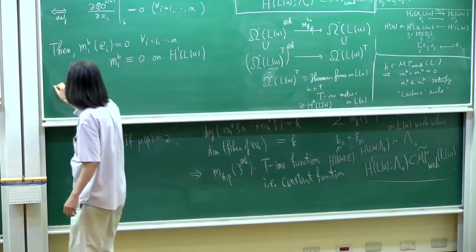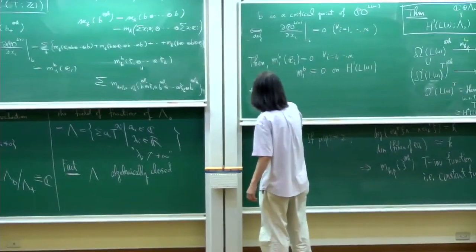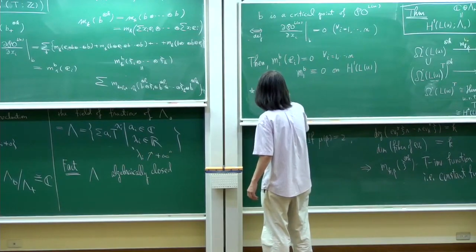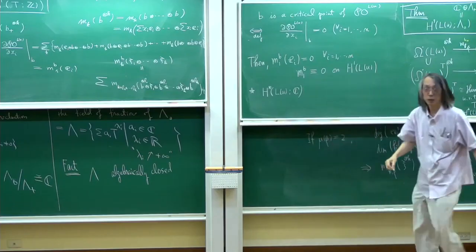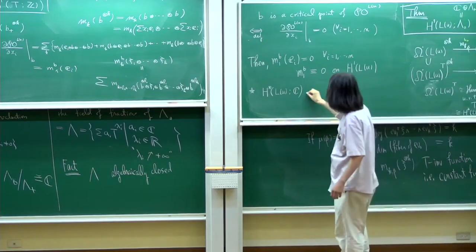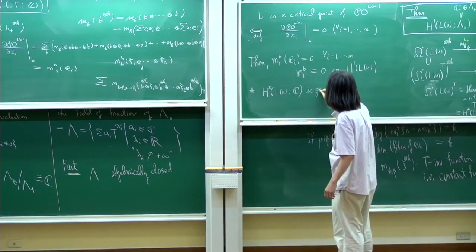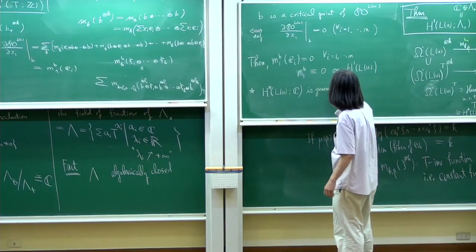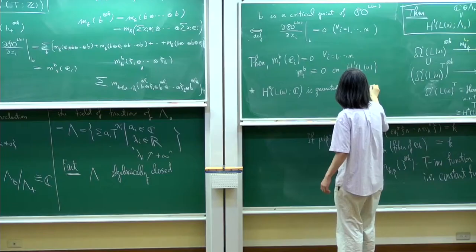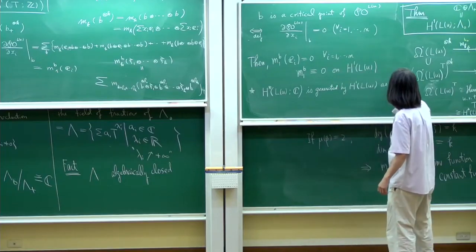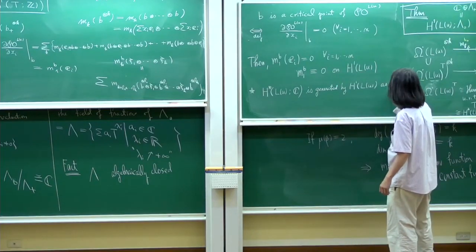And now we use the following fact. So the cohomology of L(u), maybe even with complex coefficients, is generated by H^1 as a C-algebra.